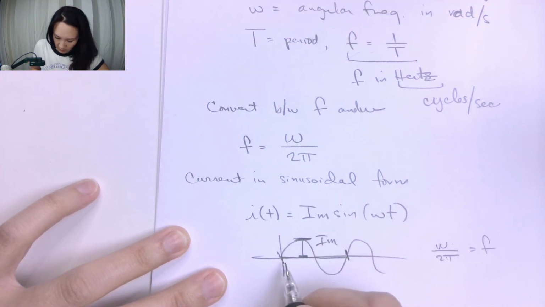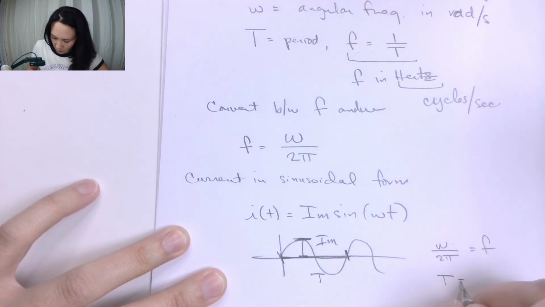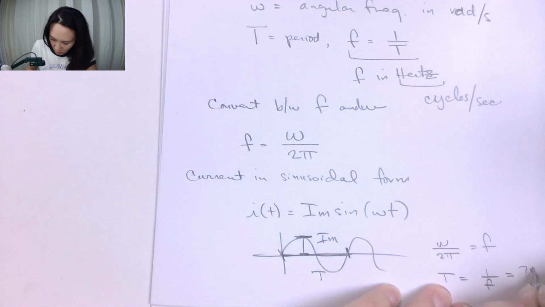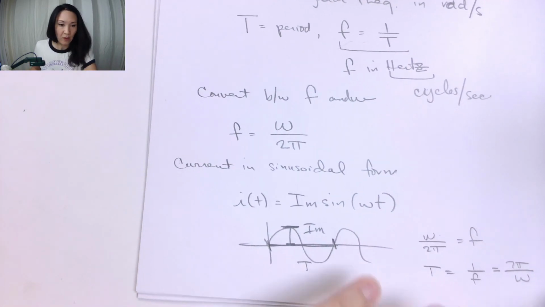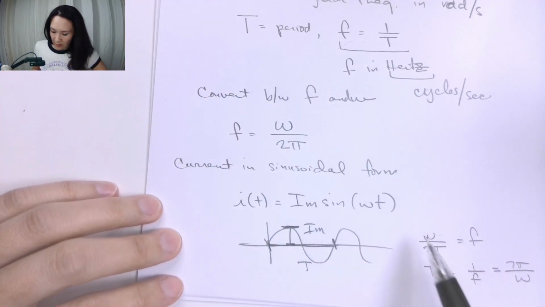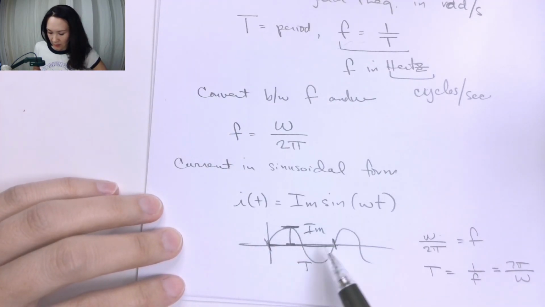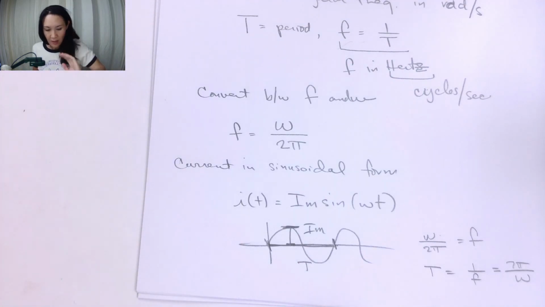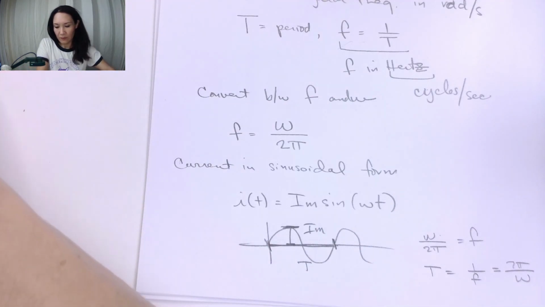So to find period, this distance from here to here, the period would be 1 over the frequency. In other words, this would be 2 pi over omega. Now we have learned how to discern some information about this sinusoidal signal. And in the next video, I will tell you what phase shift is.